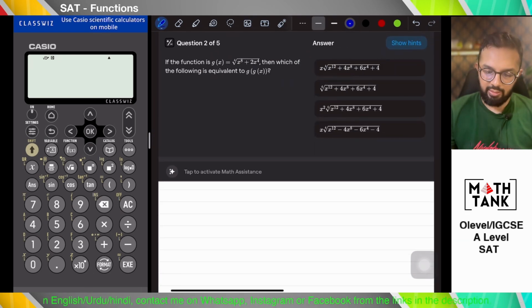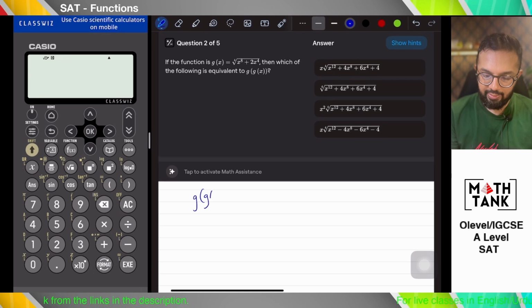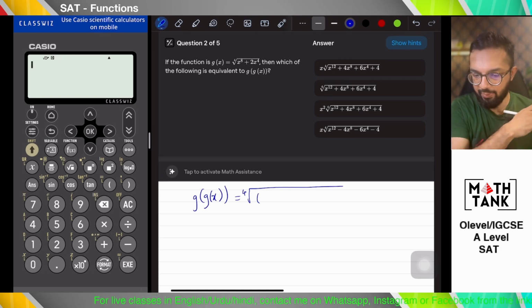Let's see the next one. It says which of the following is equal to g of x. Now this might be a little complicated, so let's try to do this as simply as possible. There's a fourth root and then there's an x power 8.